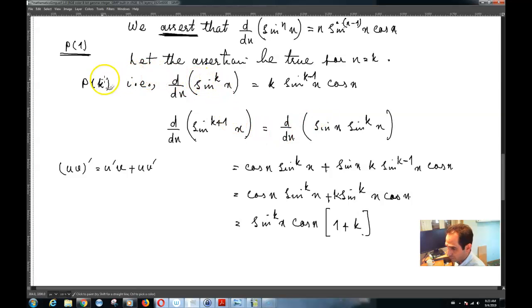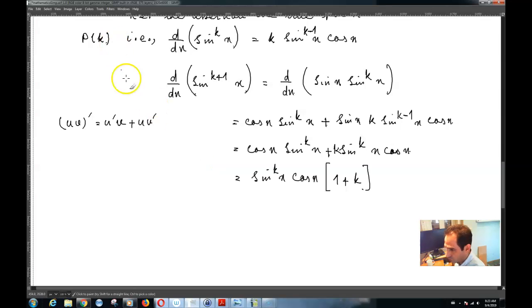Now if P of k plus 1 is supposed to be true, it's supposed to be like this, which is all equal to d by dx of sine to the power k plus 1 of x.